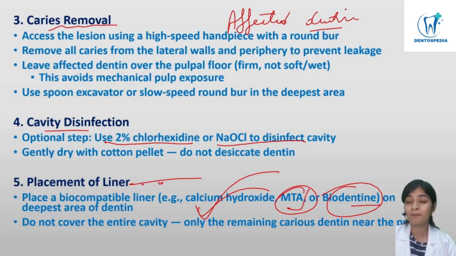Historically, calcium hydroxide is used for its high pH, which is believed to stimulate tertiary or reparative dentine. MTA, or mineral trioxide aggregate, is a newer material offering superior sealing and bioactivity for reparative dentine formation.